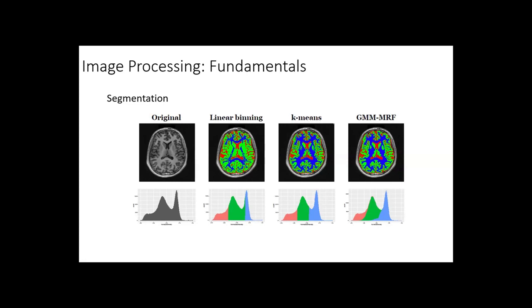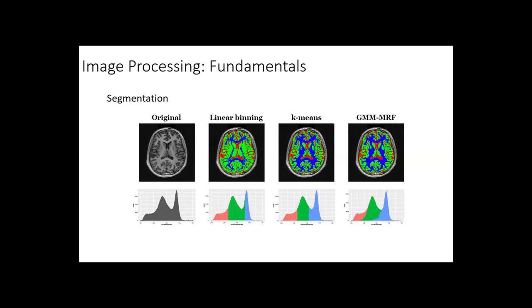So this is basically the threshold-based method. We just use a magic number to try to segment the tissues into gray matter, white matter, and CSF. If you look at the result, it's not so good, because you have a lot of noisy, isolated green points here and there. This is not reasonable.